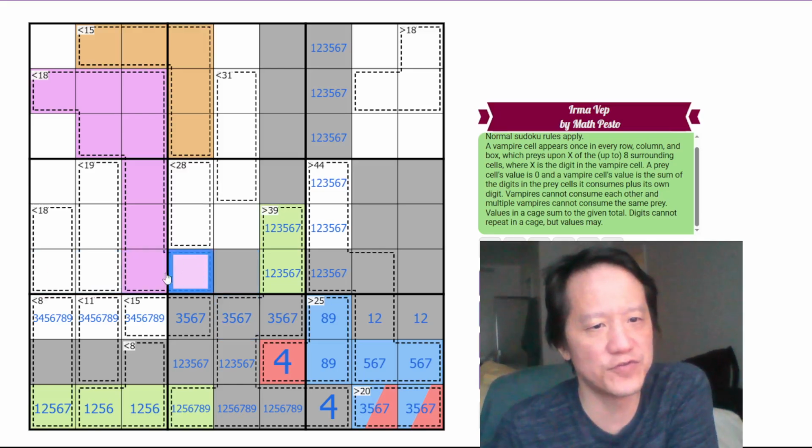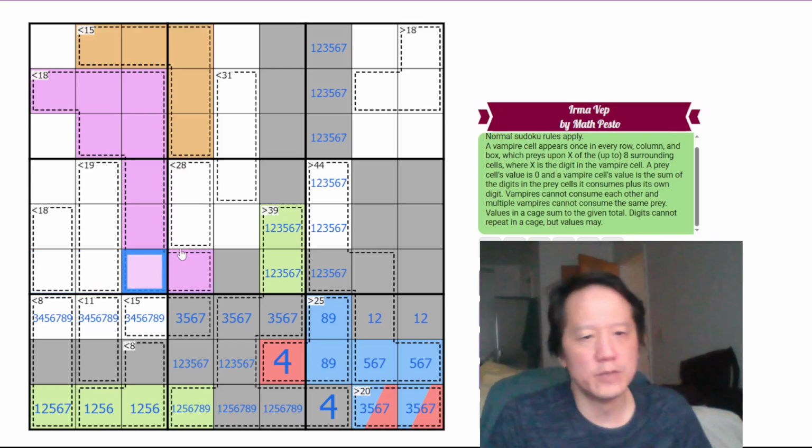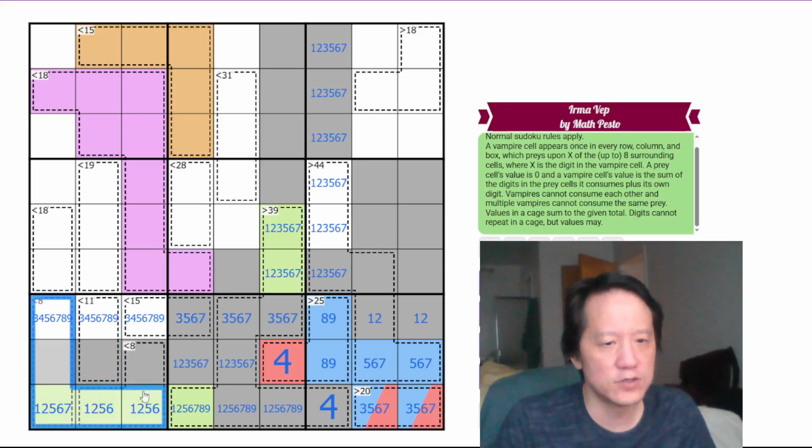So one of these 4 is the vampire. If it sucked both of these, if it was here and it sucked both of these, the problem would be that this still adds up. These values are not affected because this can't be the vampire.